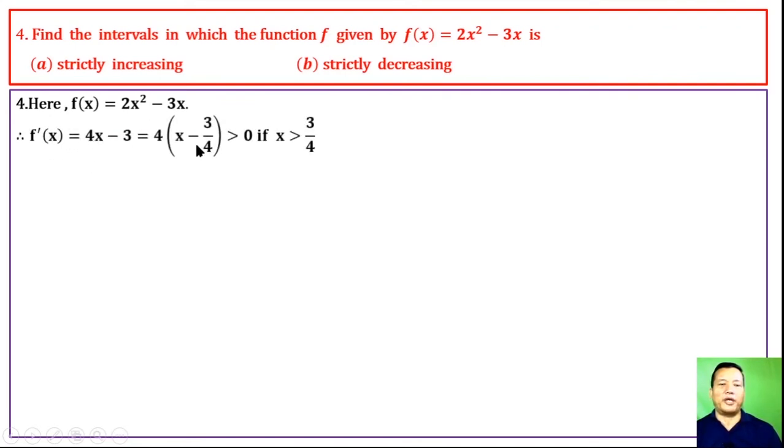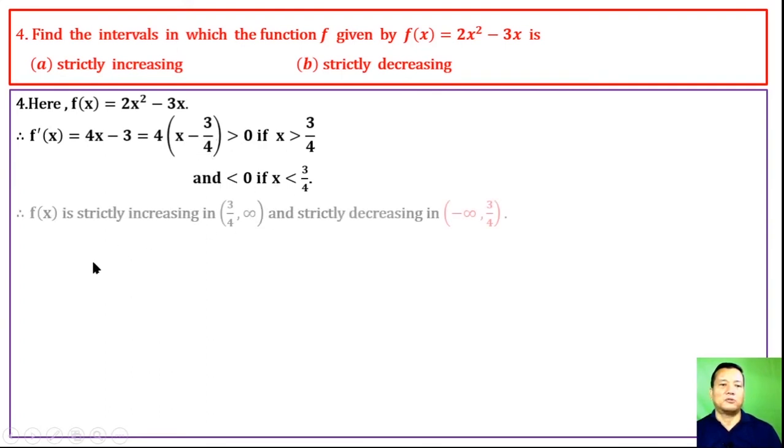Taking out 4, we get this, which is always greater than 0 if x is greater than 3 by 4, and whose value is always less than 0, that is negative, if x is less than 3 by 4. Therefore, f of x is strictly increasing in the open interval 3 by 4 to infinity, and is strictly decreasing in the open interval minus infinity to 3 by 4.